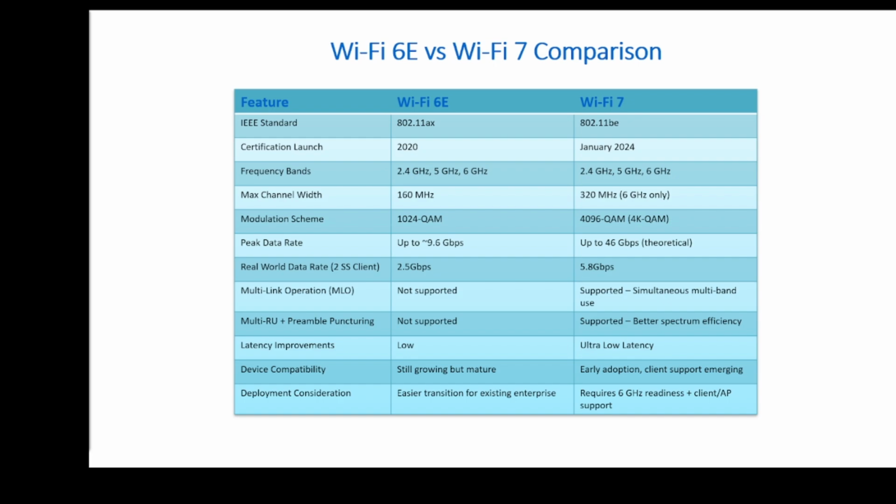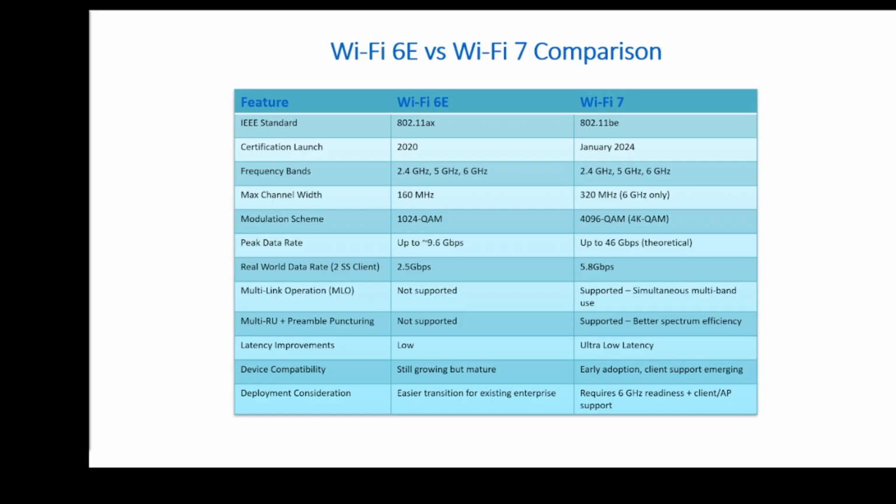Wi-Fi 7 has some advanced features like MLO and multi-RU allocation and puncturing, whereas Wi-Fi 6E does not support this. In terms of latency, Wi-Fi 7 again has the upper hand, thanks to some of the features like MLO, making it ideal for real-time applications like AR, VR, and gaming.